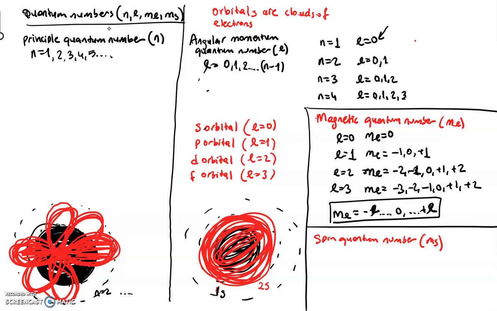L is letting us know the shape of the cloud, and mL is telling us that shape, but what direction it is going to be. And mS is going to let us know how this electron is going to spin. It's going to spin clockwise or it's going to spin anti-clockwise. All right. So the spin quantum number can be +1/2 and can be -1/2. So these are the only options we can get.